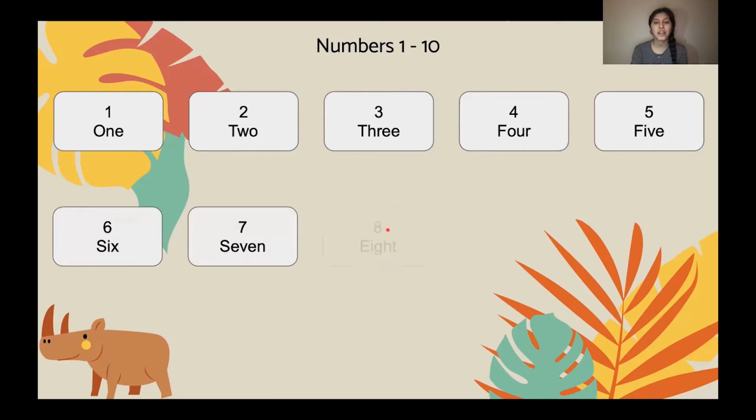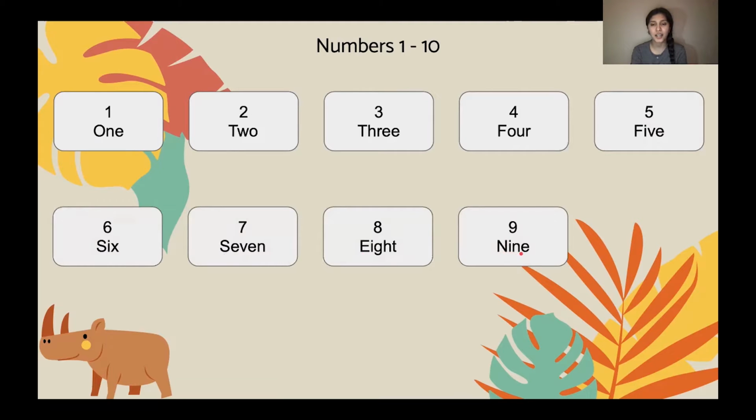We have 8. 8 is E-I-G-H-T. 8. 9, which is N-I-N-E. 9. And our last number is 10, which is T-E-N. 10. Good job. Let's move on.